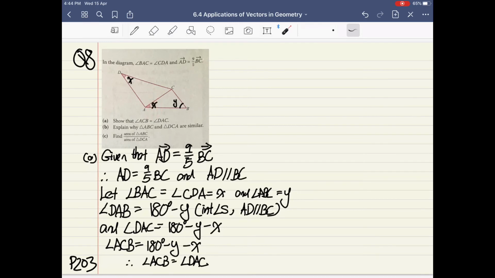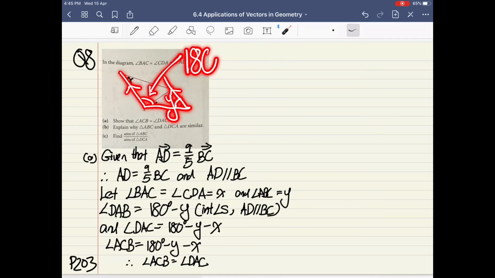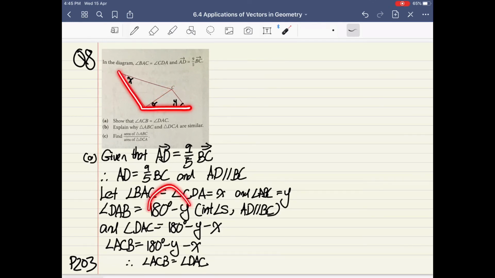Then, since these two angles here are equal, I'll let angle BAC equal X, angle CDA also equal X, and I name angle ABC equal to Y. First and foremost, angle DAB over here, since these two lines are parallel, and this we name as angle Y, angle DAB is 180 degrees minus y.